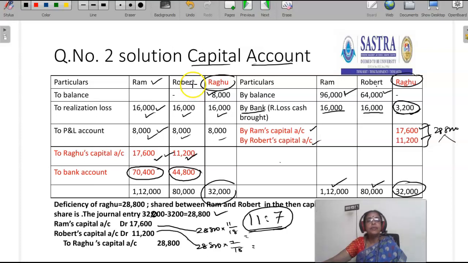Robert has to be settled 44,800 by the firm. This is the due of the firm towards Ram. This is the due of the firm towards Robert. Okay. In this, we have to prepare the capital account. The red indicates the deficiency treatment as well as the balance of the solvent partners.